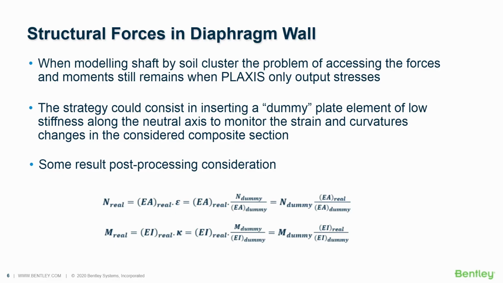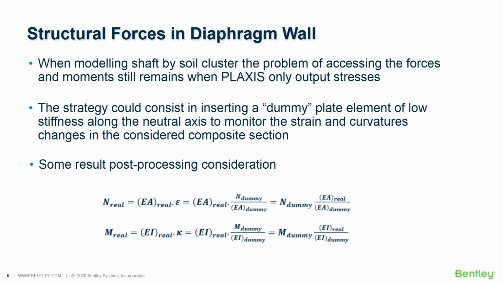And once you have that, if you simply multiply by the true normal stiffness and bending stiffness of the element, you will be, in the framework of the beam theory, able to compute the axial force N and the bending moment M. And one can easily obtain the epsilon and the kappa simply by considering the ratio of the dummy forces over the corresponding dummy stiffness, as I expressed it right next to it, N over EA dummy and M over EI dummy.